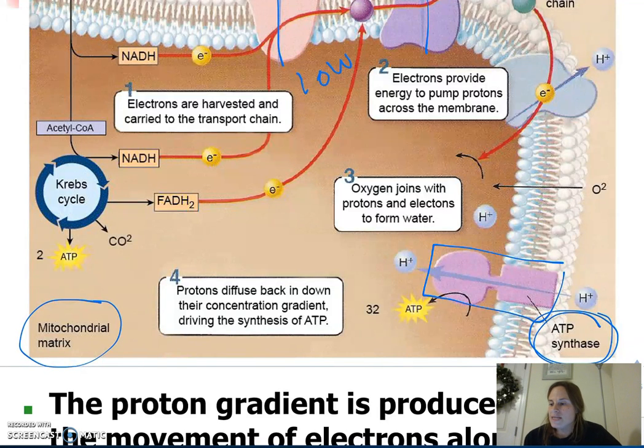What happens to ADP as these hydrogen ions move back into the matrix? ADP is going to get phosphorylated into ATP. And how many ATPs am I going to make? I'm going to make 32, the vast majority of the ATPs made by cellular respiration.